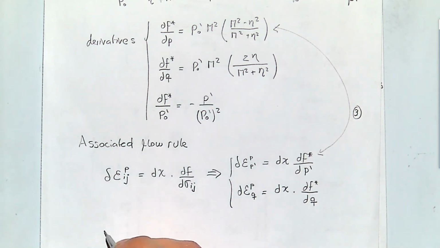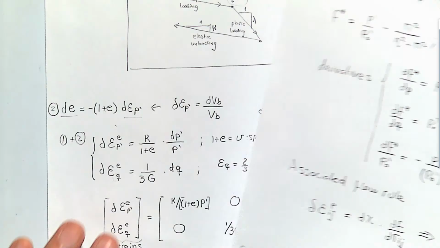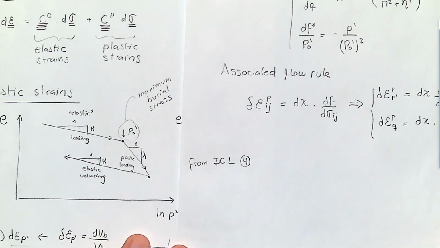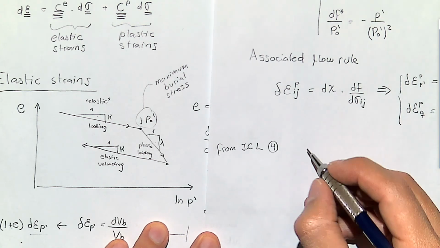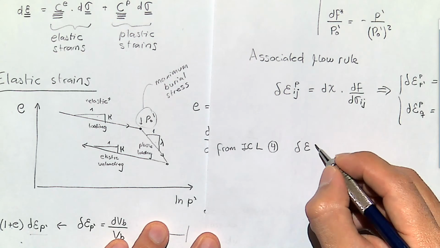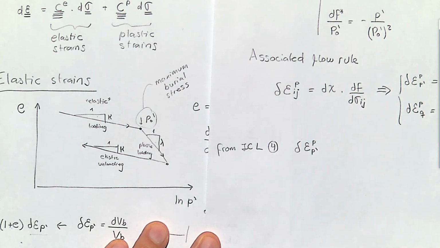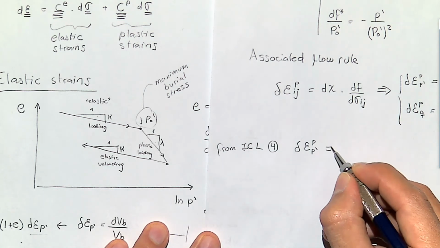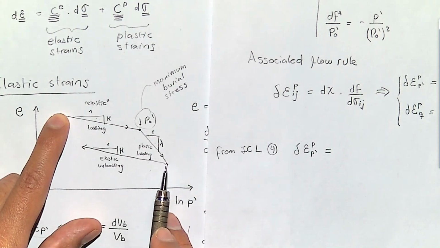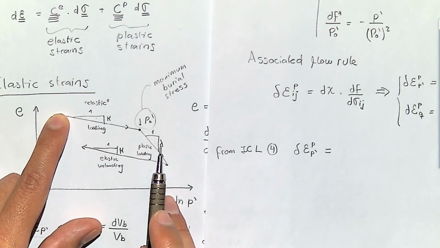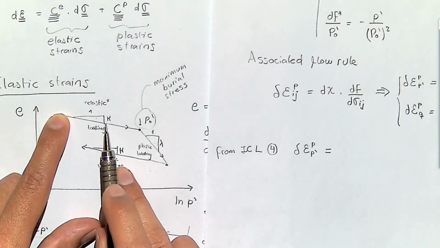And I have another piece of information from the isotropic consolidation line, which is this one, and from the isotropic consolidation line, I know that a change in plastic strain in the volumetric component is going to be equal to, let's say, if I go from here to there, now I have to use lambda instead of kappa, right?